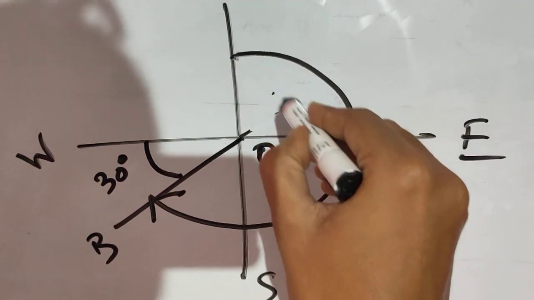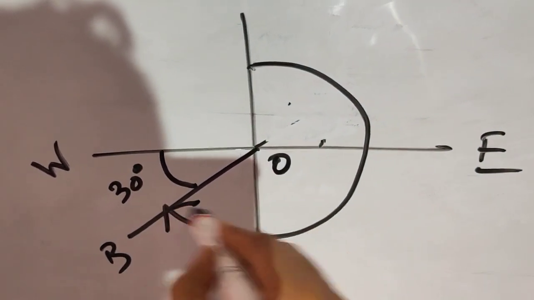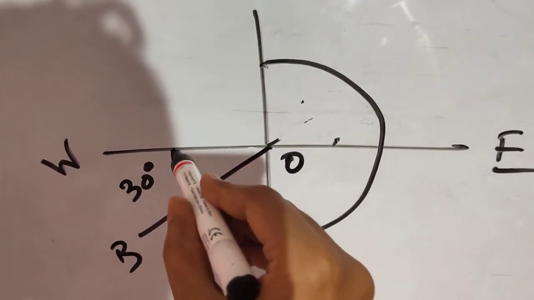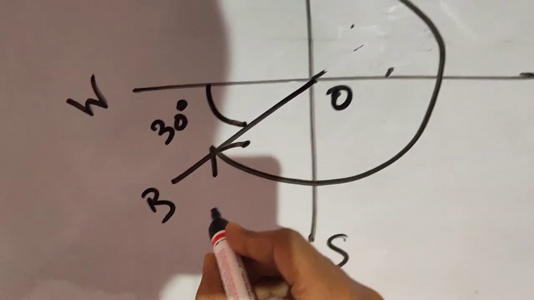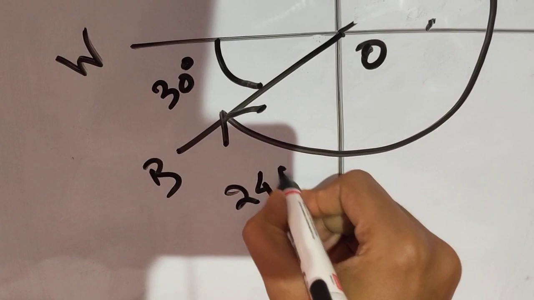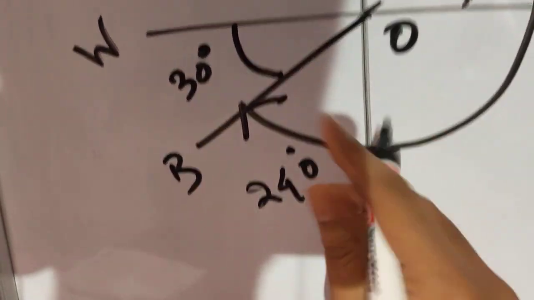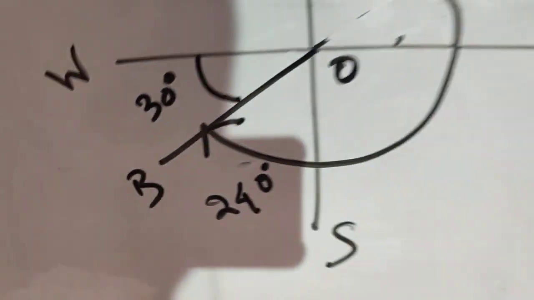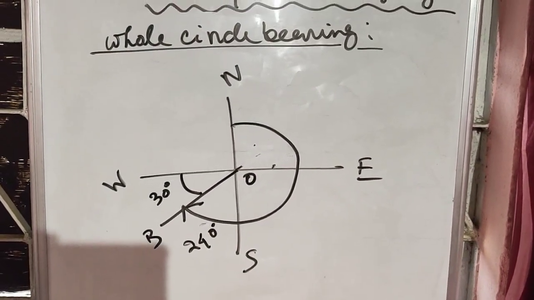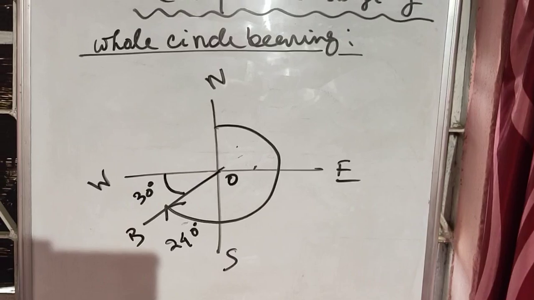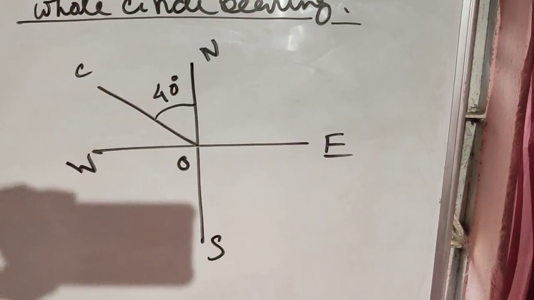So this is 90, 90 plus 90, 180, and this should also be 90, because this is 30, so this is 60. So 180 plus 60, 240 degrees is the bearing of line OB in whole circle bearing method. Okay, clear?